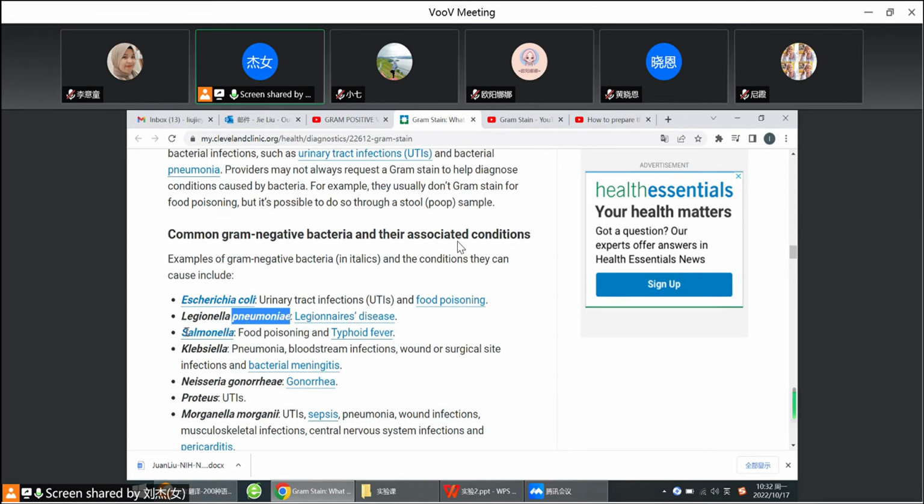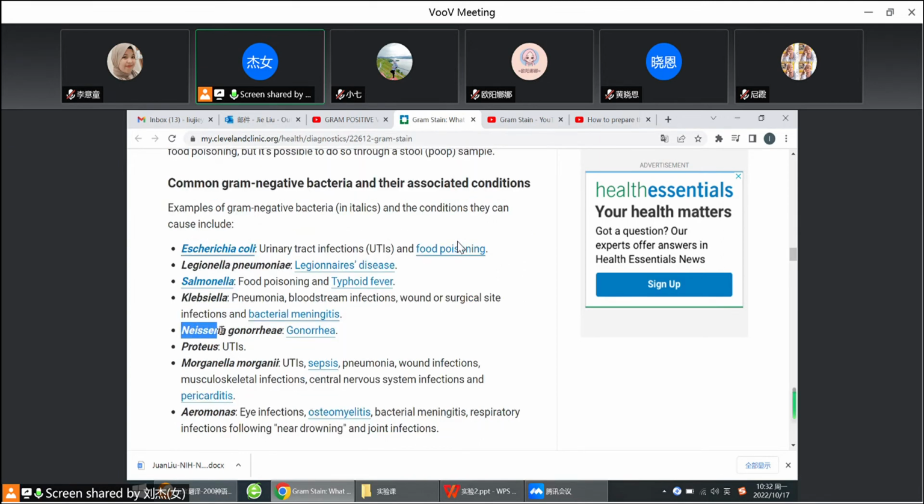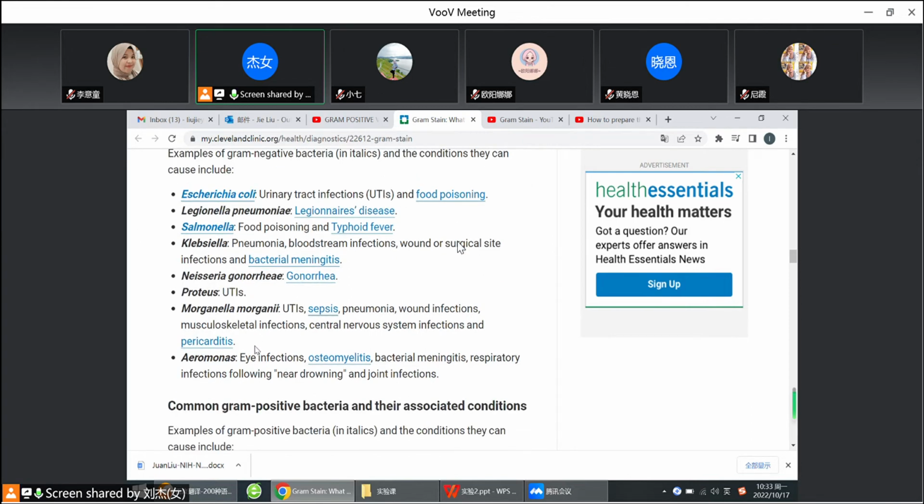And here it also contains the Neisseria group. Okay, so these are the examples for the gram-negative bacteria and the diseases caused by this kind of bacteria.